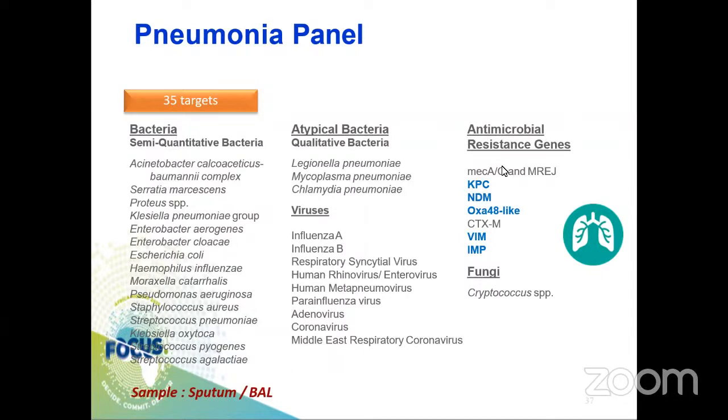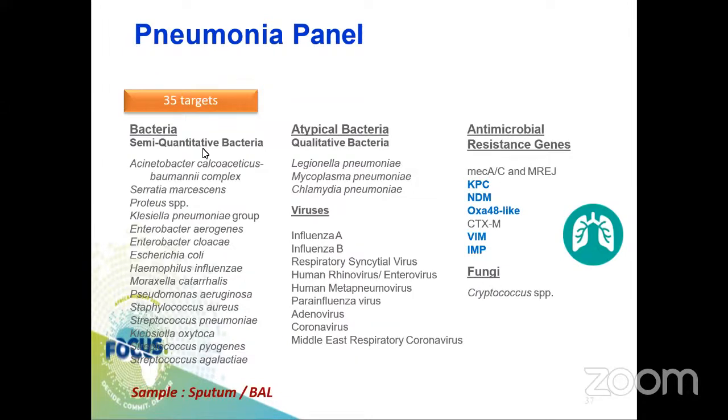Again, look at the antimicrobial resistance. As I said, I think they're doing close to 7. Yes, they're doing close to 7. So from the word go, you can quickly tell, for example, if it is mecA, mecC, and MREJ, you can quickly know these are Staph aureus.